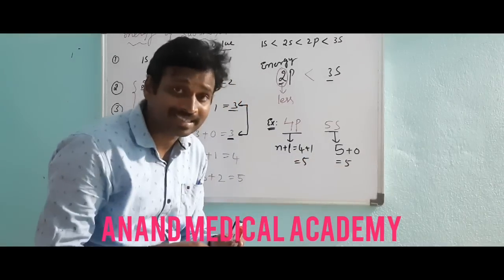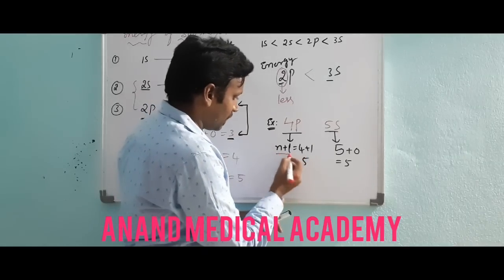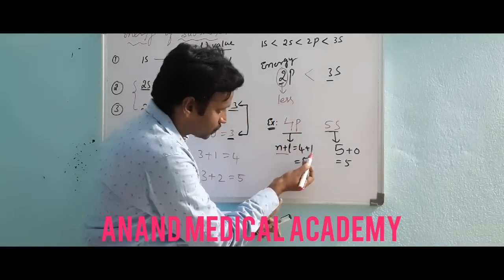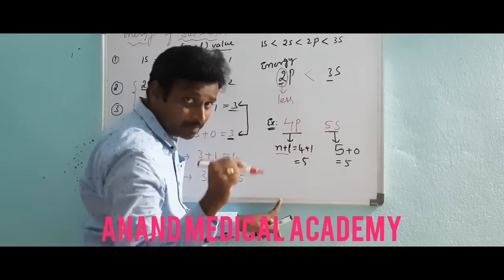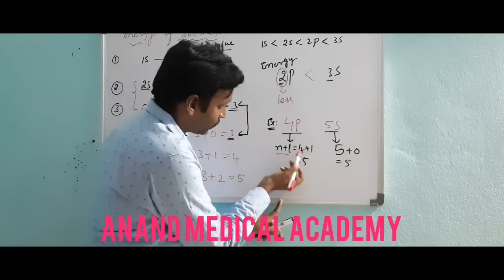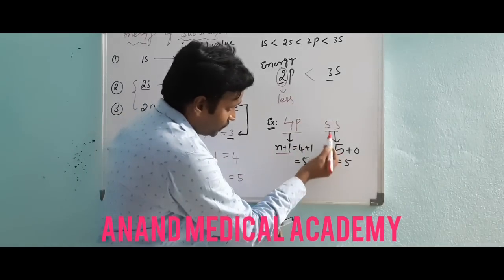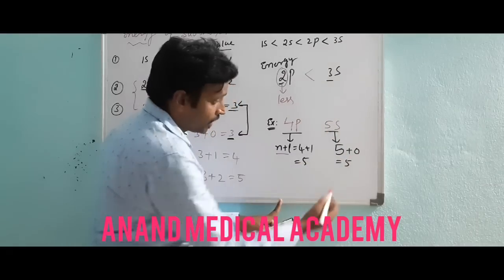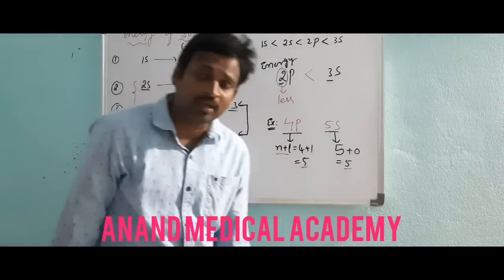Now which has less energy and which has more energy if the n plus l value is the same? For p subshell, the l value is 1 and n is 4. For s, n is 5 and the l value is 0. So here the n plus l value is 5, and here the n plus l value is 5.